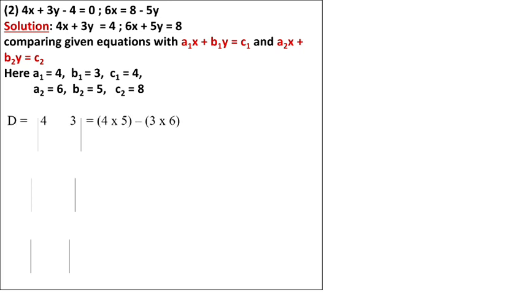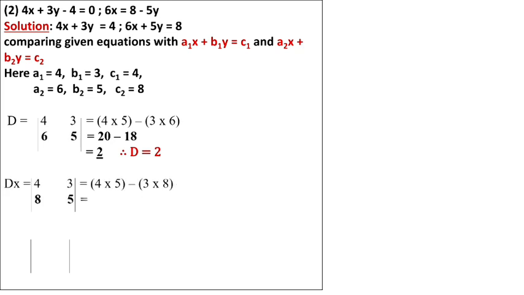Now we will find D equal to 4, 3 and 6, 5. So the formula we will use is 4 into 5 minus 3 into 6. 4 5 is 20 minus 3 6 is 18. So we get 20 minus 18 is 2, that is D equal to 2.